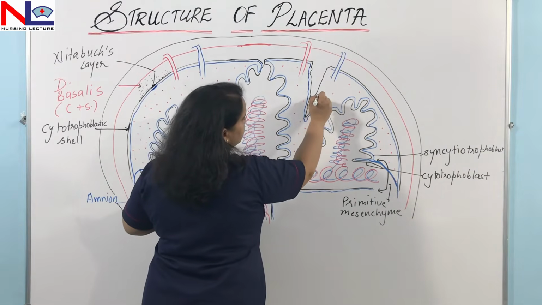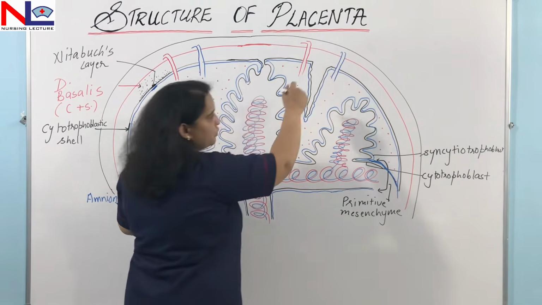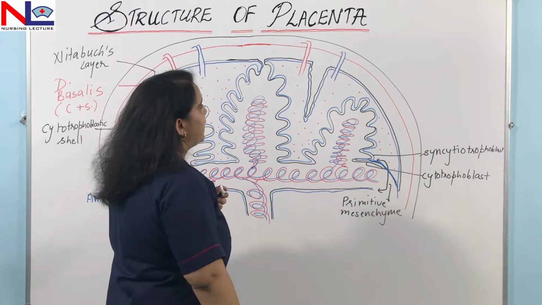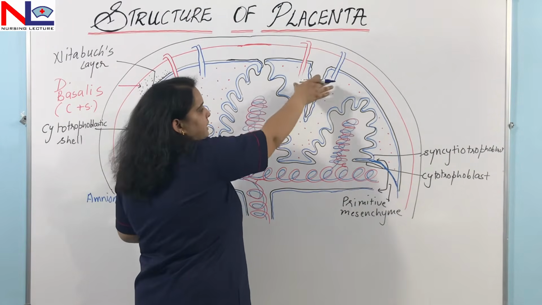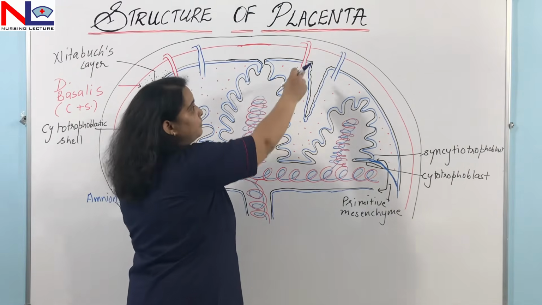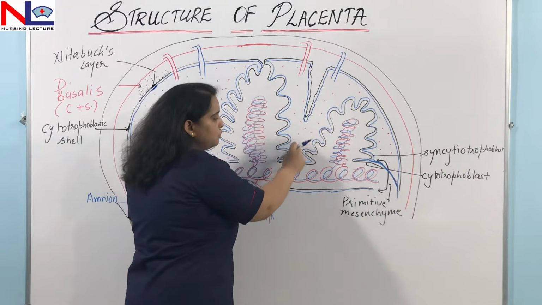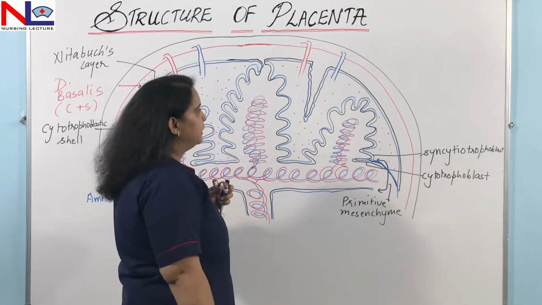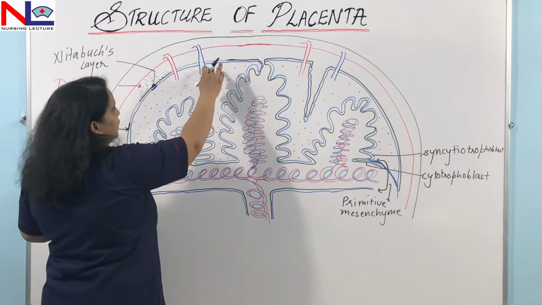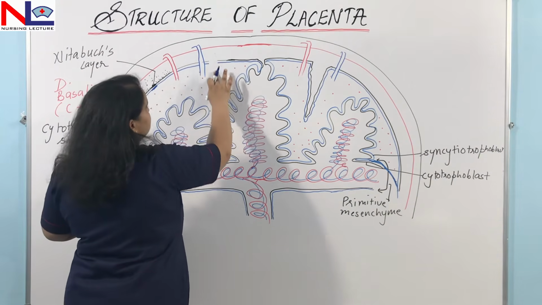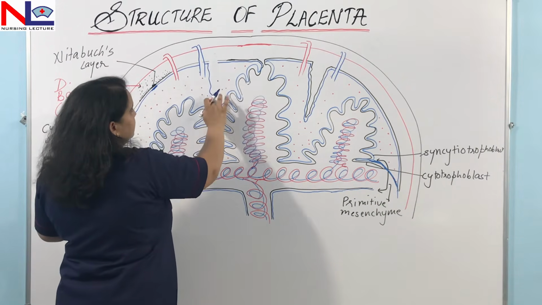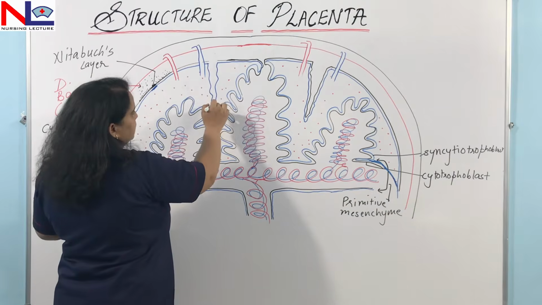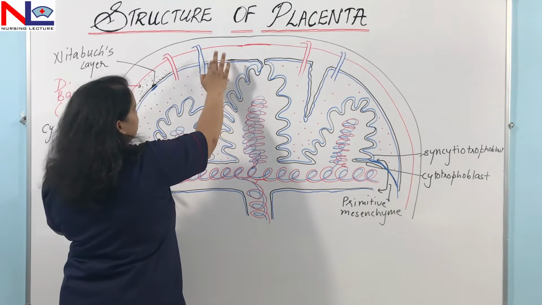These are the extensions of the decidua basalis tissues, and these are extending or invading inside this intervillous space from this basal line, but these do not touch the chorionic plate. So what is forming here? Septa are forming here. So these are the septa, that is the decidual septa.